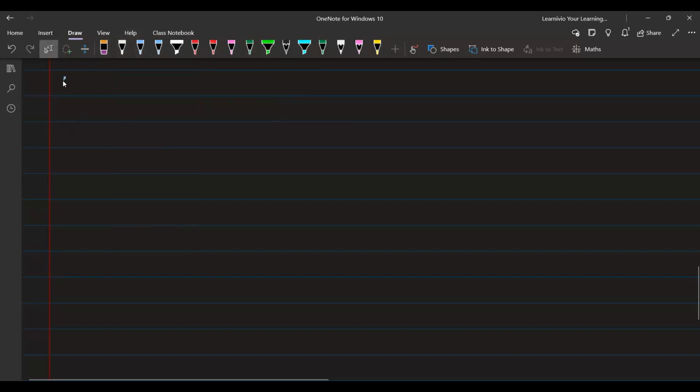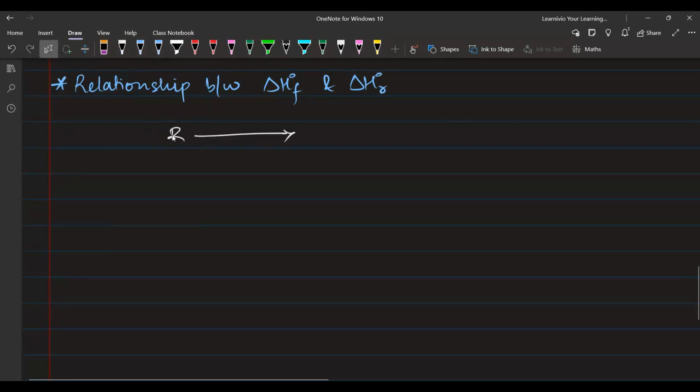Relationship between enthalpy of formation and enthalpy of reaction. So basically, if I have a reaction in which reactant is getting converted to product, then we can think of this particular reaction as the destruction of reactant.